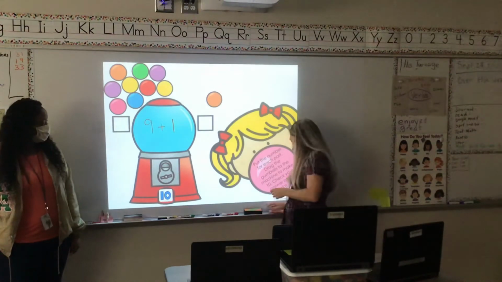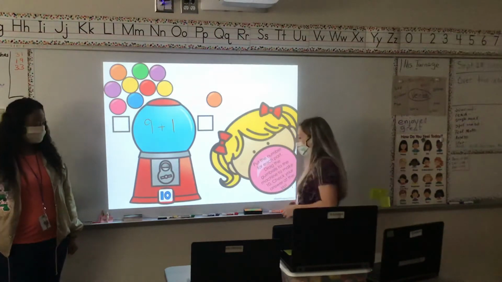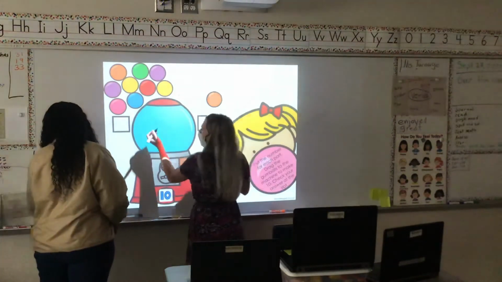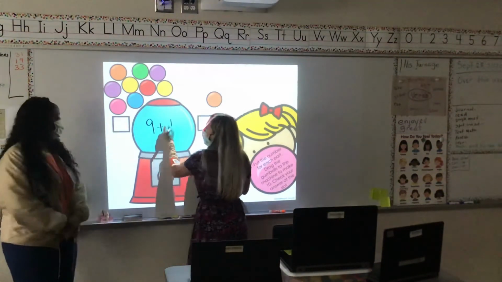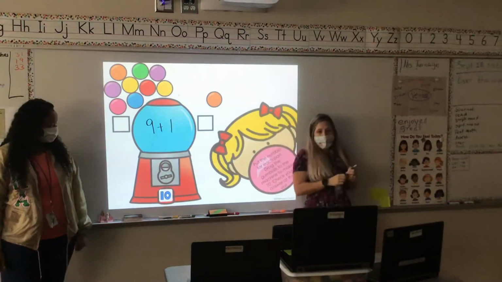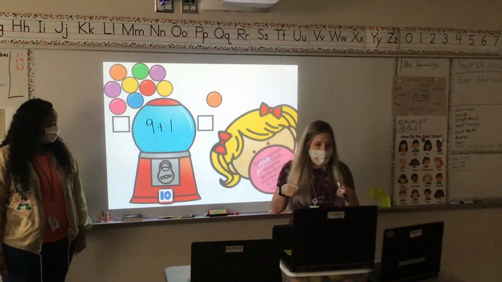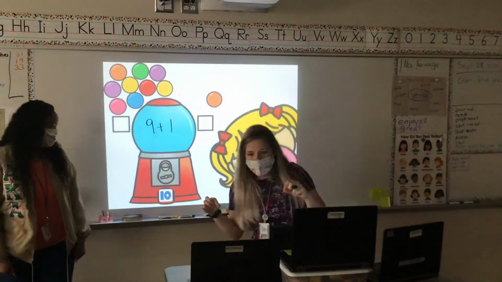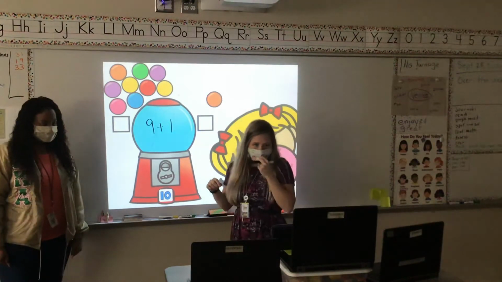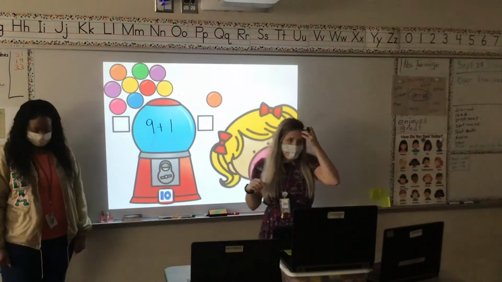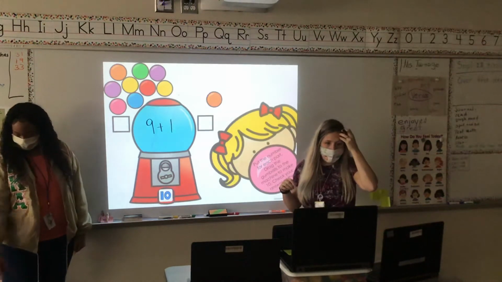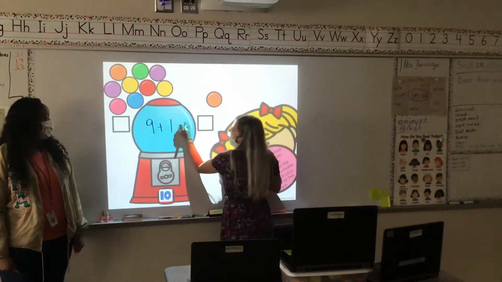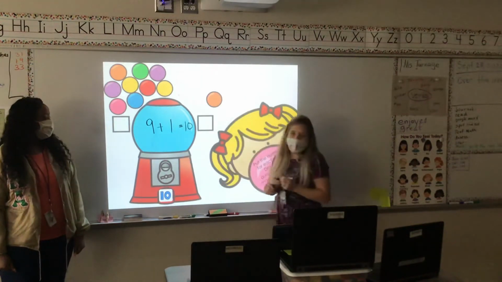So 9 plus 1, and my friends online cannot see orange. 9 plus 1. Alright, so that's what you're going to write on your whiteboard. You're going to count the gumballs. You're going to write the number sentence. So on your whiteboard, you should have 9 plus 1, and you can put equals 10. But we know all of them are going to equal 10.